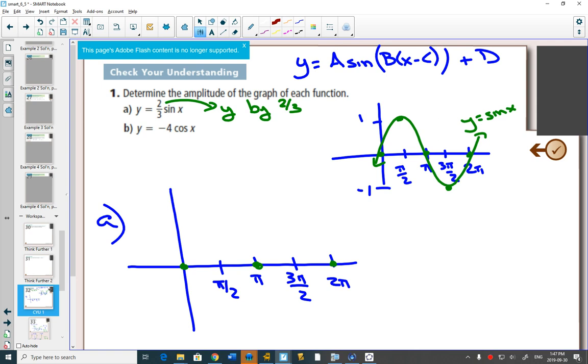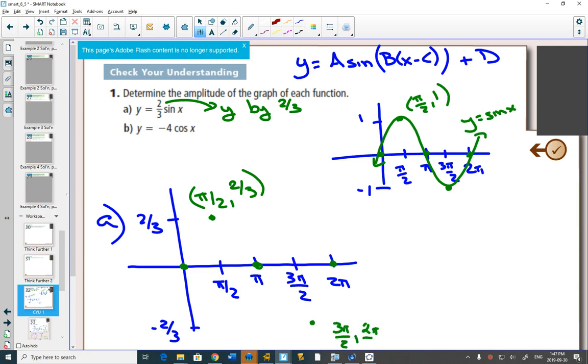But now, instead of having pi over 2 comma 1, I now have pi over 2 comma 2/3. And same thing here, I have 3 pi over 2 comma 2/3.